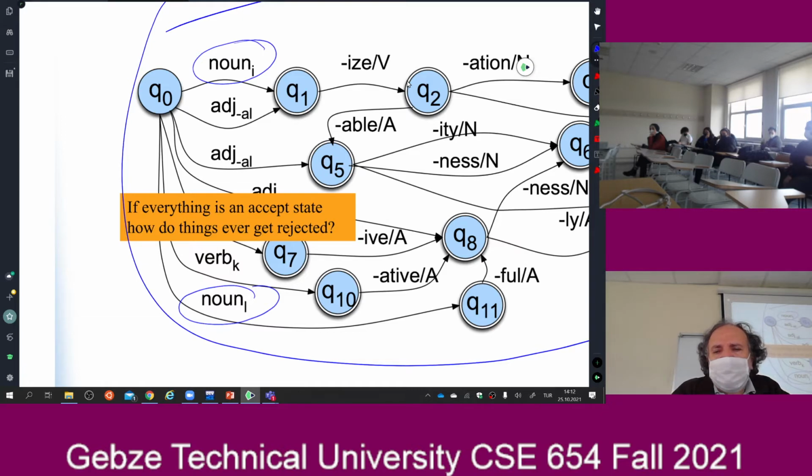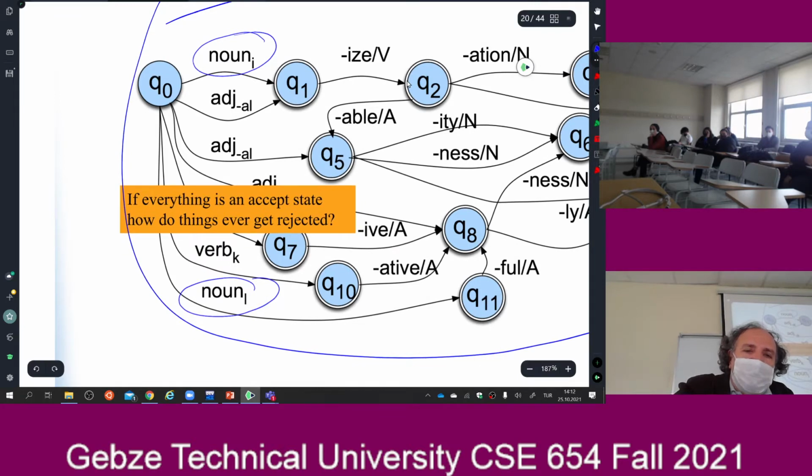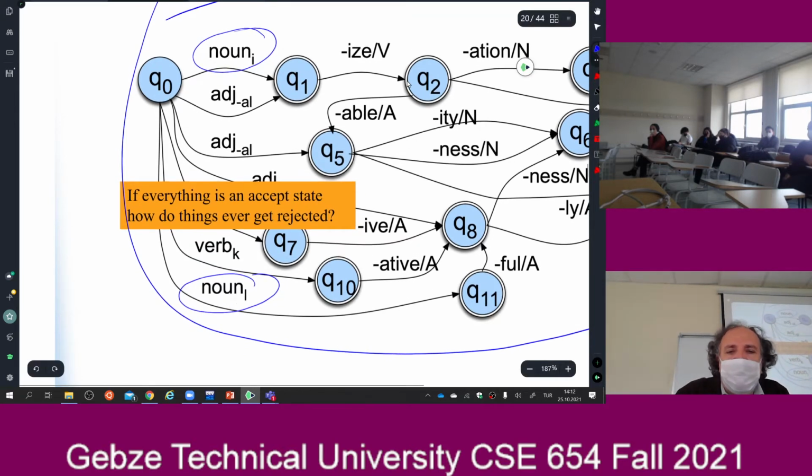So what is the difference between them? One ends with an I, the other ends with an L? Well, I mean, kind of, but it is not that specific. Your point is correct. These are the nouns that are in group I, and these are the nouns that are in group L.